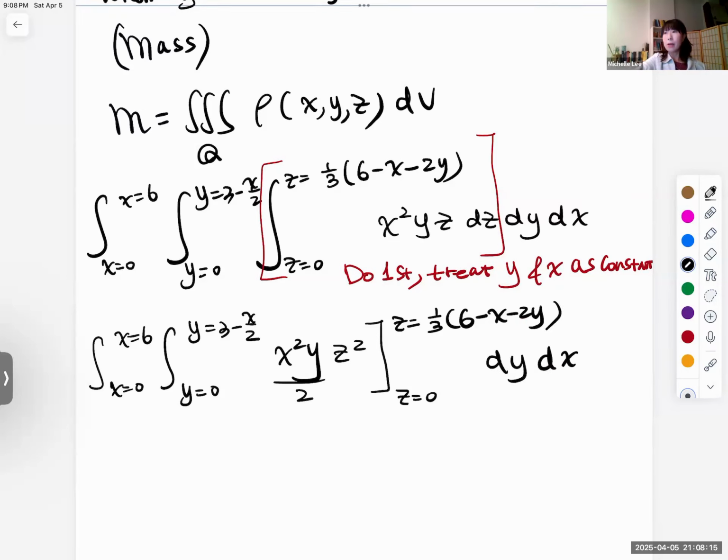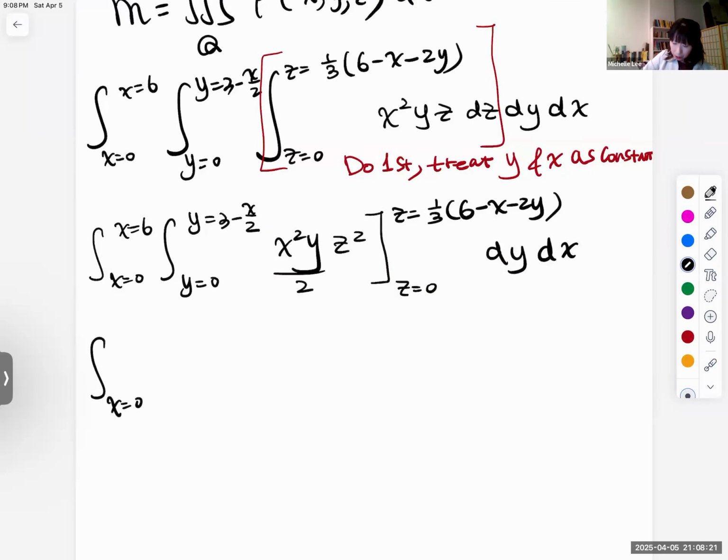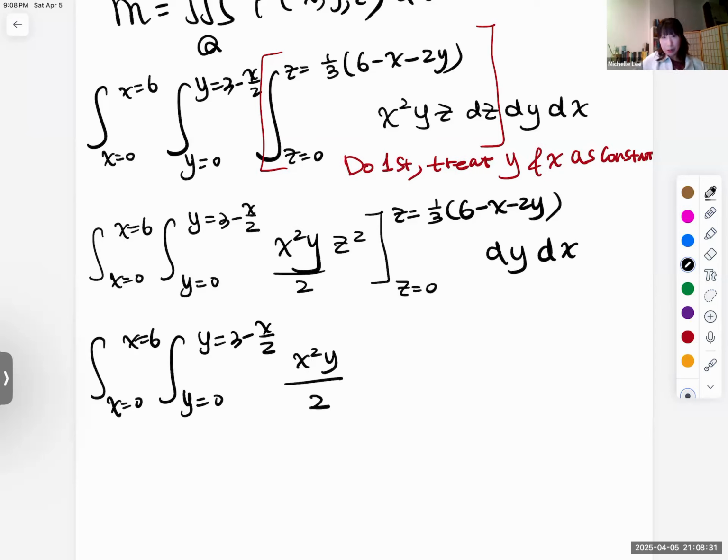So we have x squared y over 2 as a constant, and then z squared, so we input this into z: 1/3 (6 minus x minus 2y) quantity squared, dy dx.